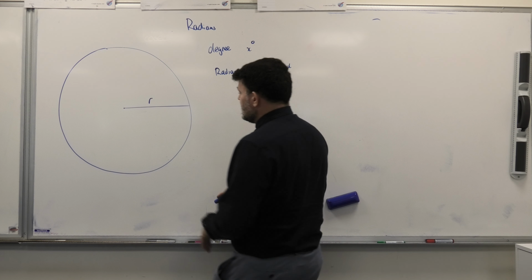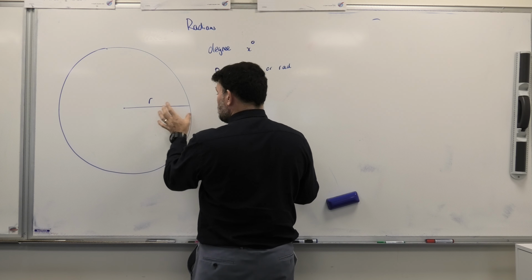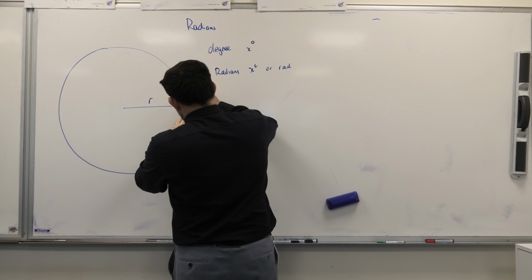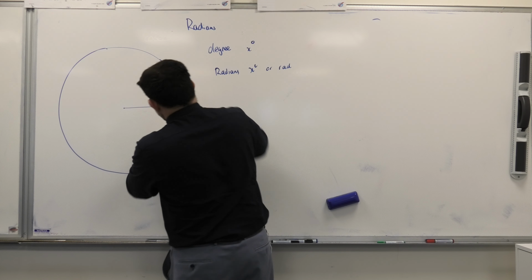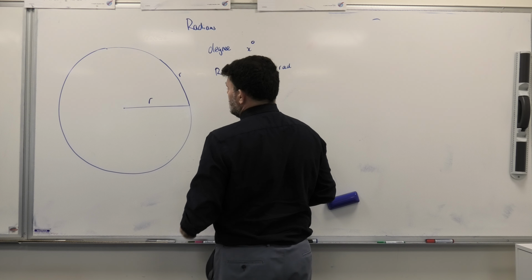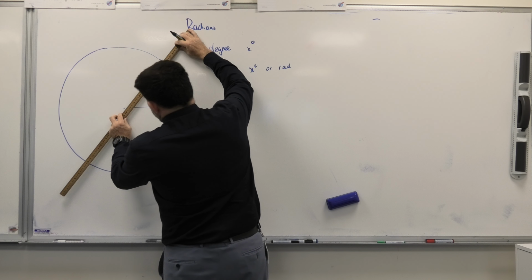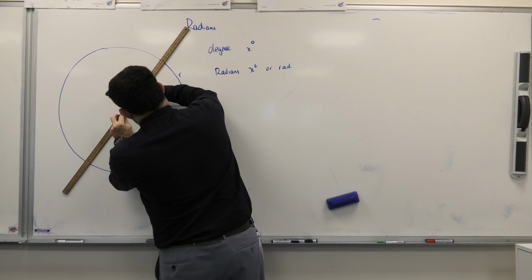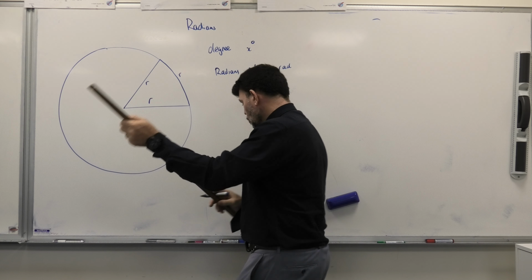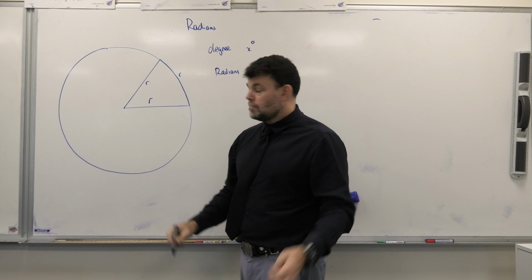If we take this radius and mark the same length along the curve, I could bring this up here and say that's equivalent to this radius. And if I connect the two lines, what I've got here is 1 radian, and hence the word radius from radian.